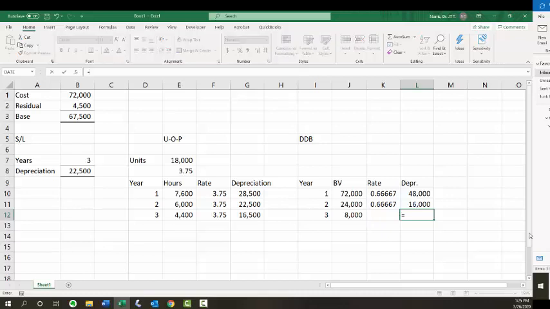We have 8,000 minus 4,500, which gives us for our third and final year 3,500. So this is problem 9-2A. Okay? All right. So that'll be the first of the recordings.